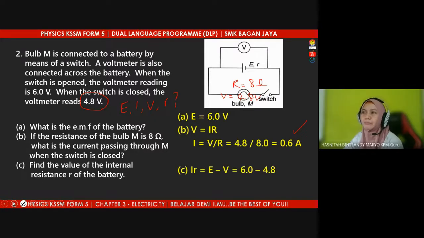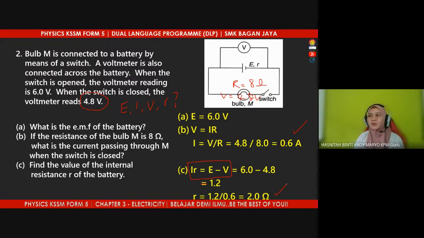Yes, through this formula. IR equal E minus V. Okay, so the answer will be 1.2. Internal resistance of the battery, so divide 1.2, this is IR, by the current 0.6, so it will give you 2 ohm.